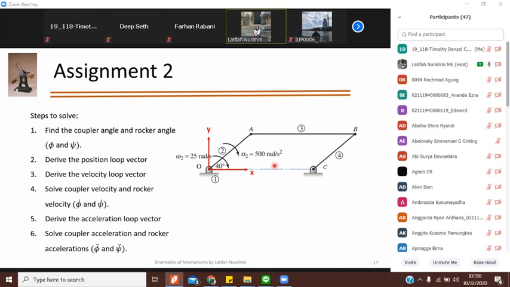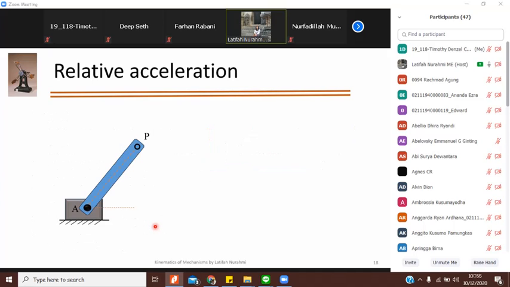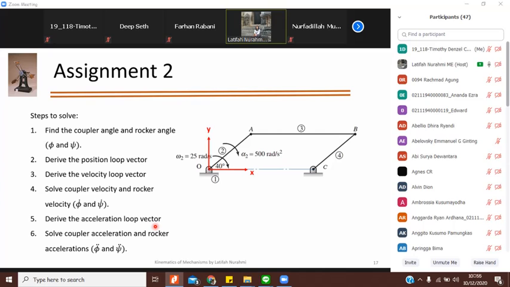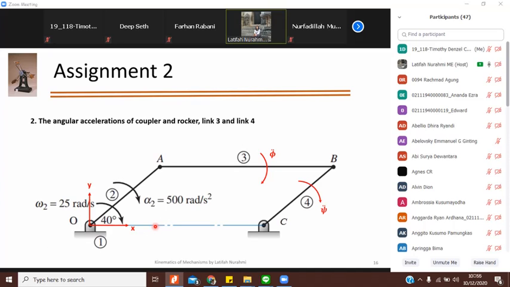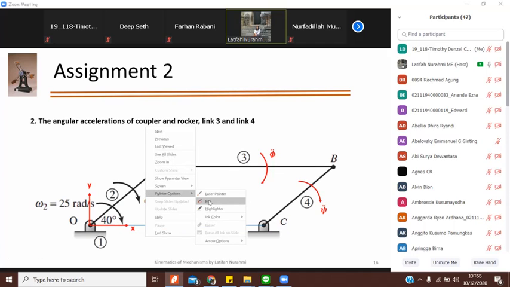Okay, so these are the steps for you to find from the angle, and then finding the velocity, and then finally finding the acceleration. Actually, from here we can solve it very easily.